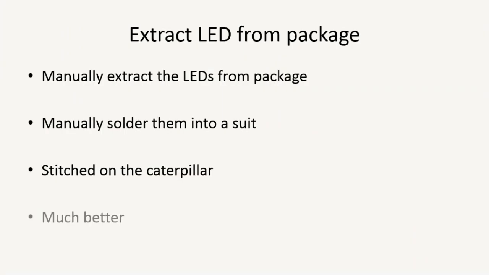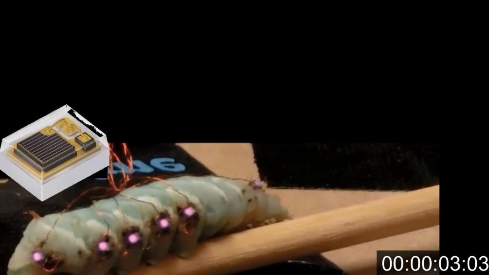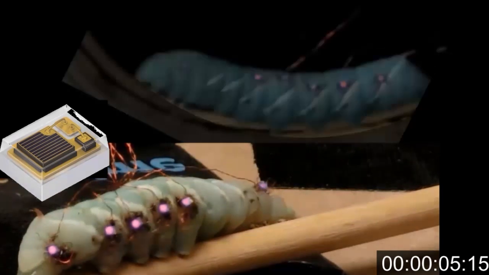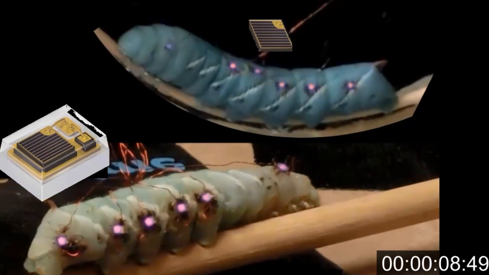And this looked much better, because this is the first LED suit with the original LEDs inside the package, and you see how it crawls with it. This is how it used to crawl when we used the new LED suit with the extracted LEDs.